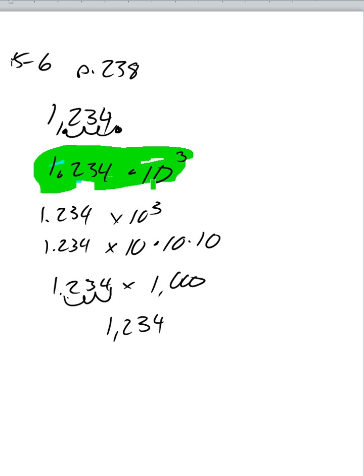It also talks about multiplication and division in scientific notation, which takes place on pages 240, 241, right around in there. Once again, it's the same things we talked about, but it also talks about making sure you use your calculator correctly.